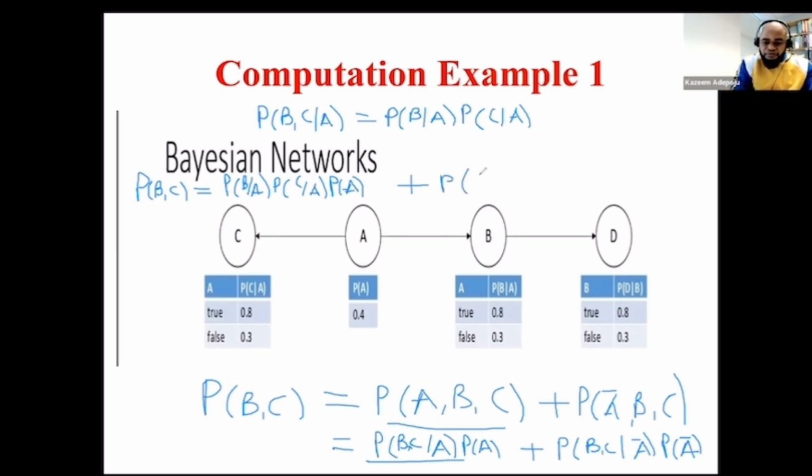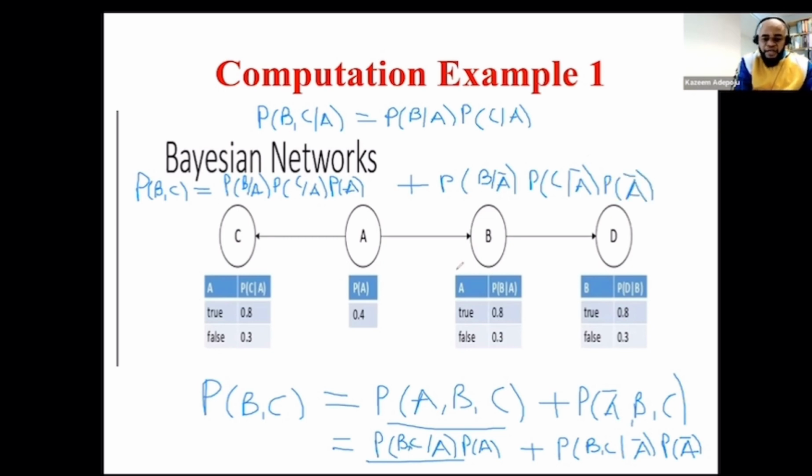So B given A complement, the probability of C given A complement, then multiply by the probability of A complement.